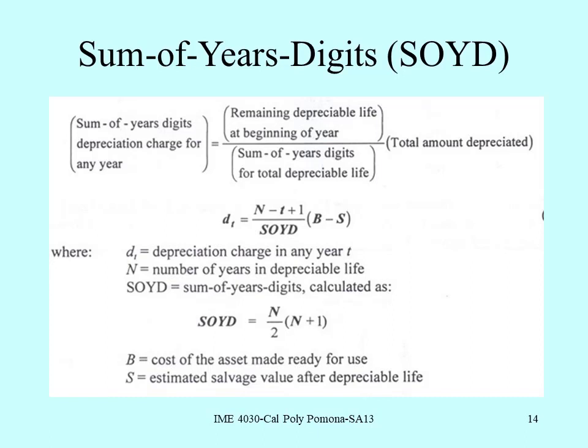So for example, if n is equal to 5, then the sum of the year's digits is 5 plus 4 plus 3 plus 2 plus 1, or 15.